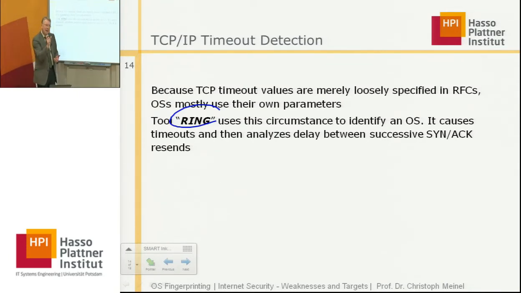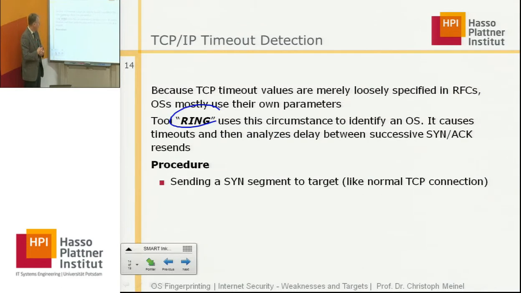Ring is measuring the delay between successive SYN acknowledgements, the information to establish a connection, and the acknowledgement that's sent back. The procedure: a SYN packet is sent to the target.